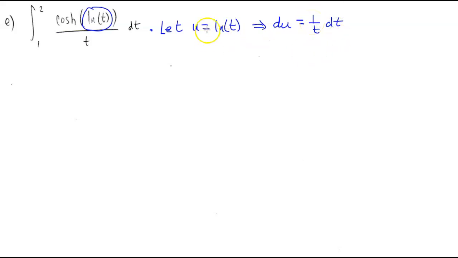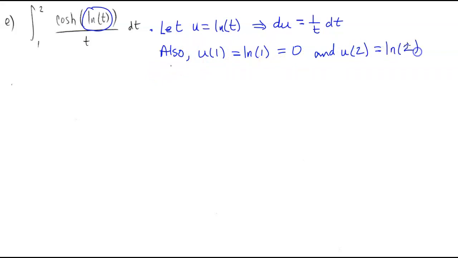Okay. And so now that we have that, let's also go ahead and figure out what u of 1 and u of 2 is going to be. So we're going to say also u of 1, which is going to be natural log of 1, it's going to be 0. And u of 2, which is going to be natural log of 2.